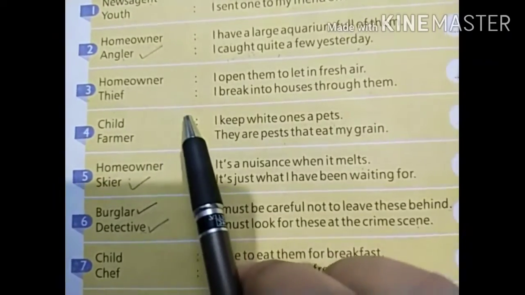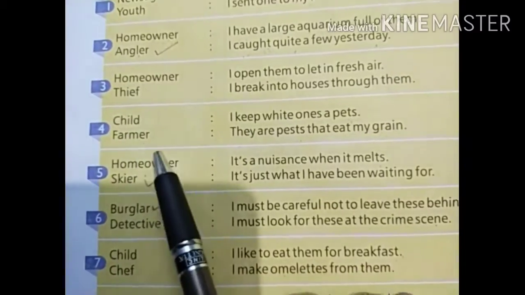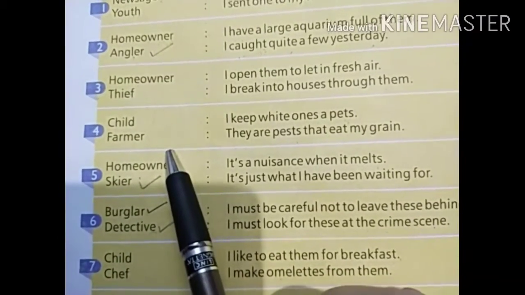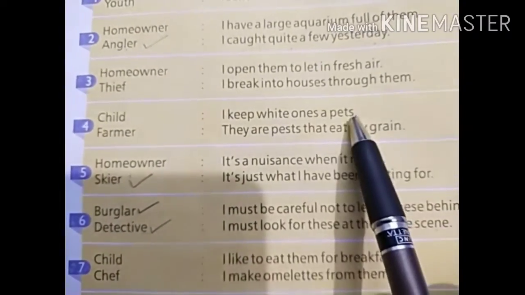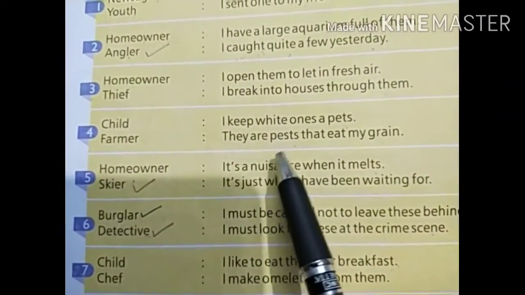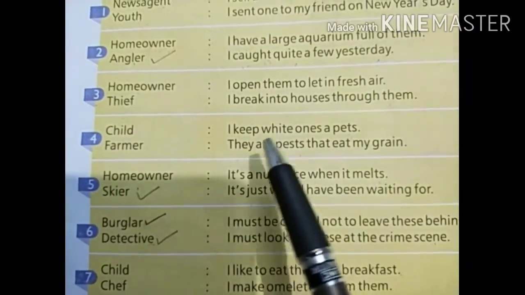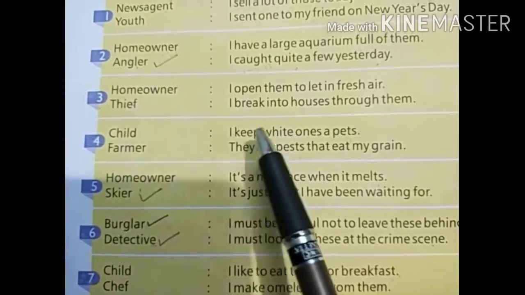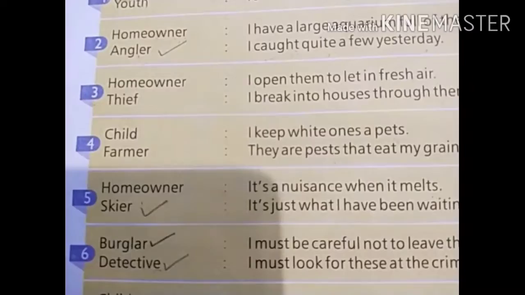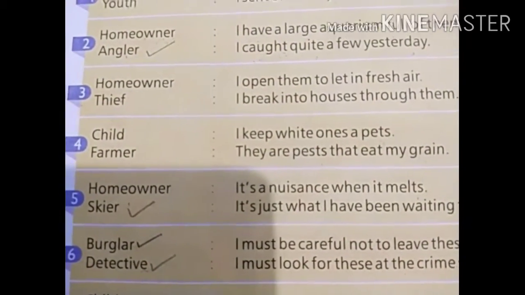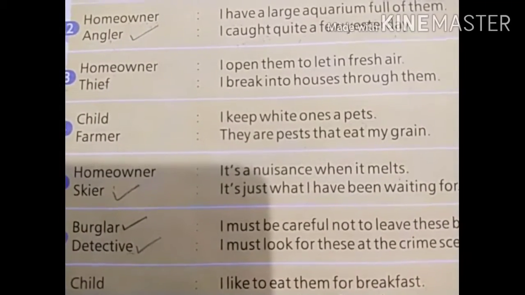Now the fourth question: child and farmer. The child is a small boy or small girl, it could be both of them, and a farmer is a person who does farming. Okay, so the child is saying, I keep white ones as pets, and the farmer is saying, they are pests.